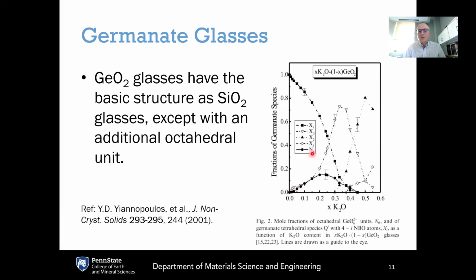This is the six-fold coordinated germanate units. As you add modifiers, the fraction of octahedral units can increase to about 15% or so, maxing out at around 20% modifier content. And then the number of non-bridging oxygens becomes too high, and that fraction of octahedral germanate units starts to decrease again.